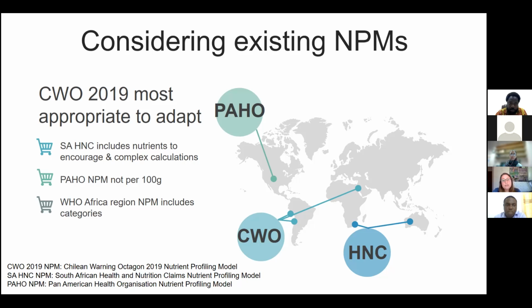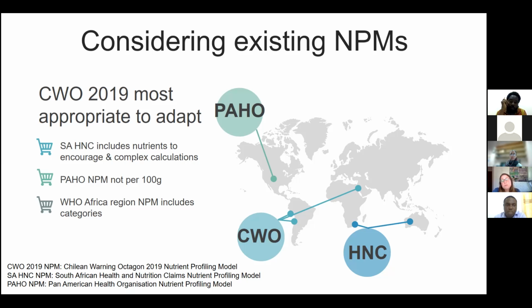And we considered the South Africa Health and Nutrition Claims, or HNC model, which was developed for a different purpose, for the purpose of monitoring nutrition and health claims made on foods. But because it was developed in South Africa, for South Africa, we felt it was important to consider.